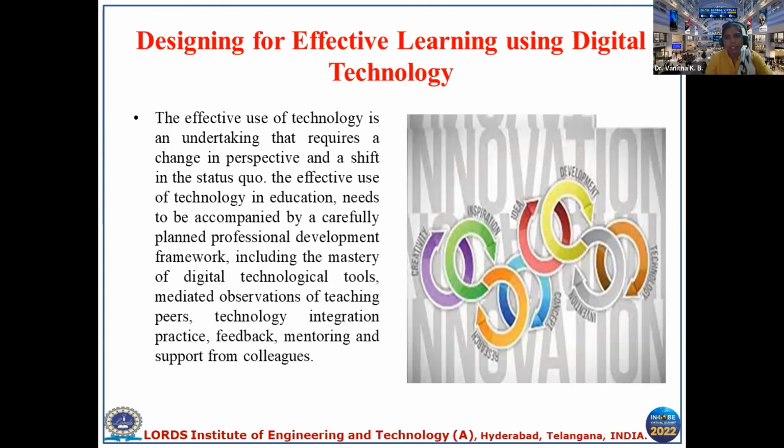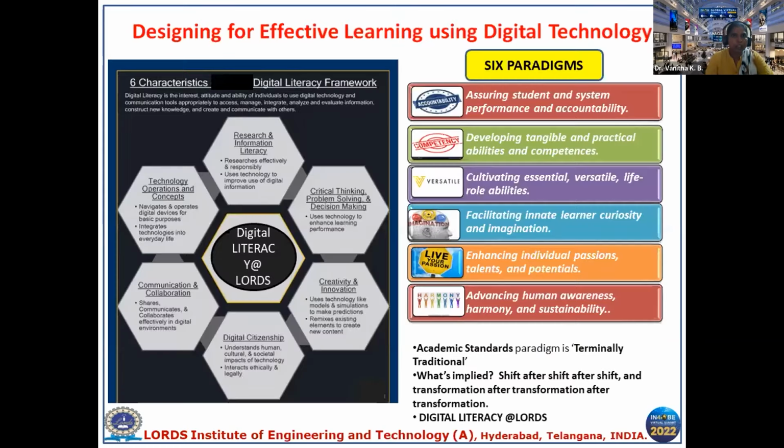Through this, the students are able to develop ideas, concepts, development of models, and be innovative and creative. So here actually, I'm going to explain the effective learning that is happening.